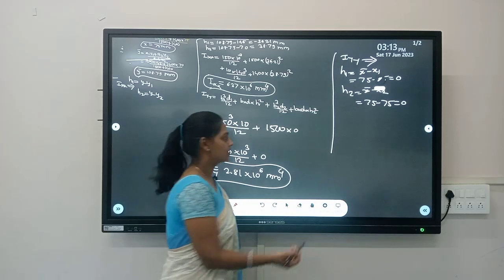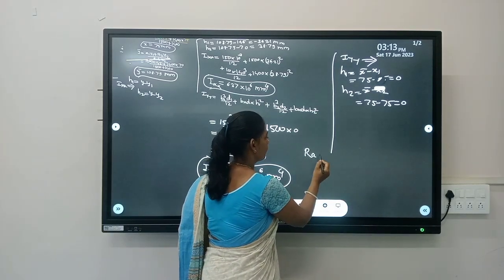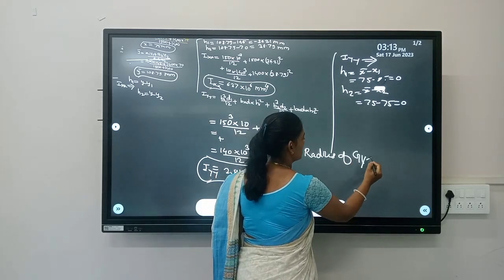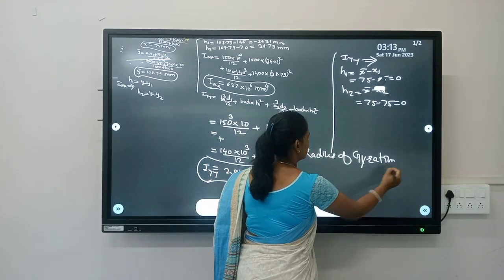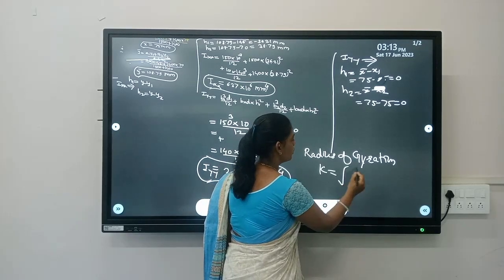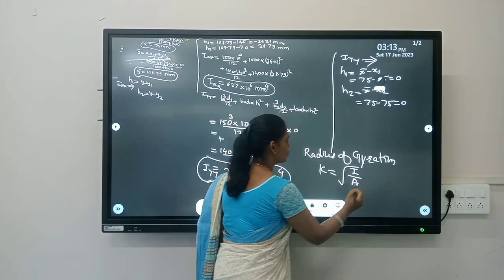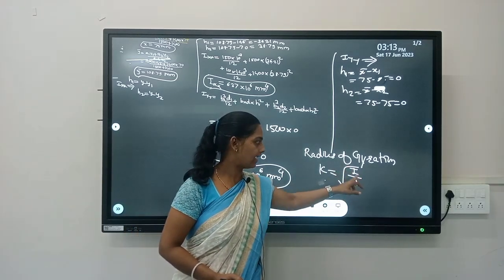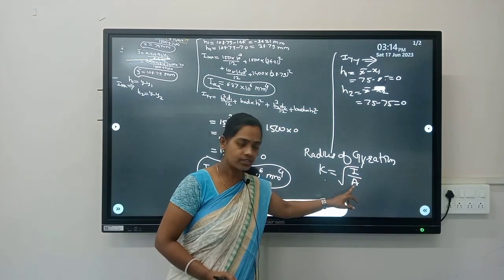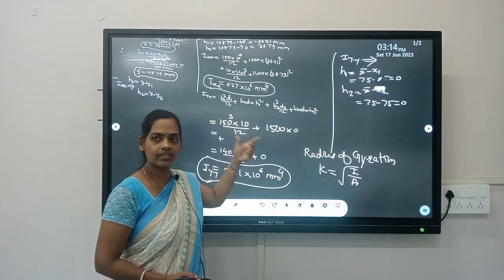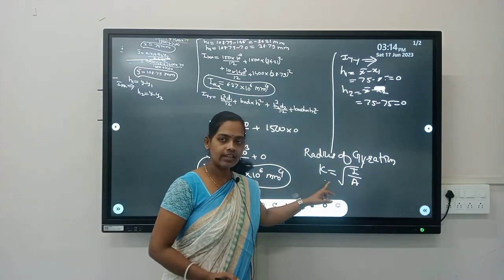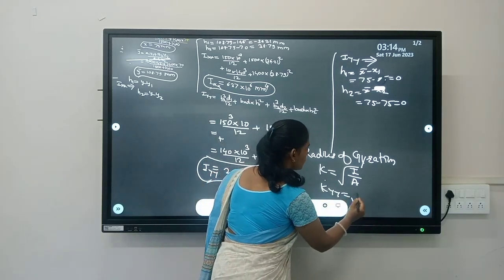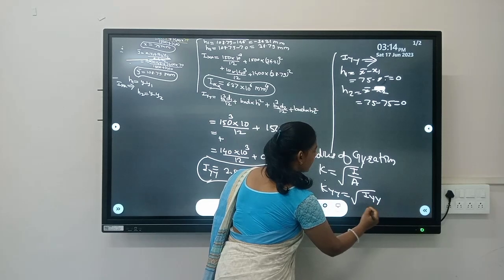Radius of gyration is given by which formula? Radius of gyration, K is equal to under root I by A. So, you may calculate Kxx is equal to under root Ixx divided by total area. This area will be summation of A1 plus A2, and Kyy can be calculated as Kyy is equal to under root Iyy divided by total area.